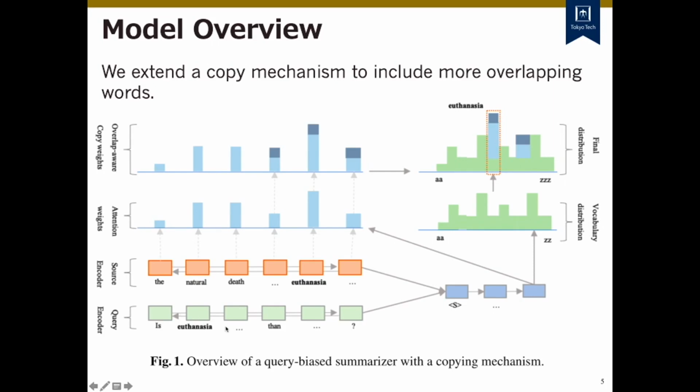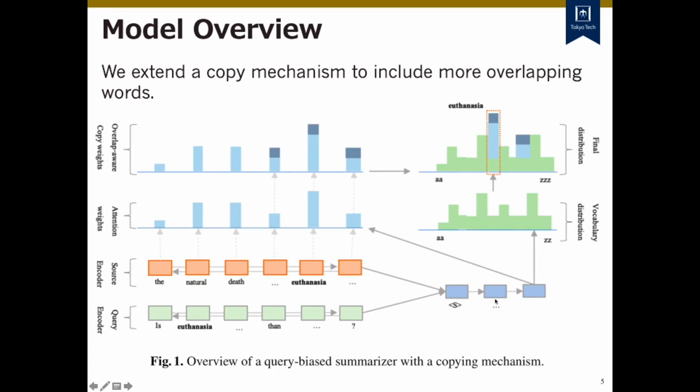The first part is the encoder, and the second part is the decoder with attention and copy mechanism. We use two encoders. One is for the query, and another is for the source document. And the encoded information is then passed to the decoder part.